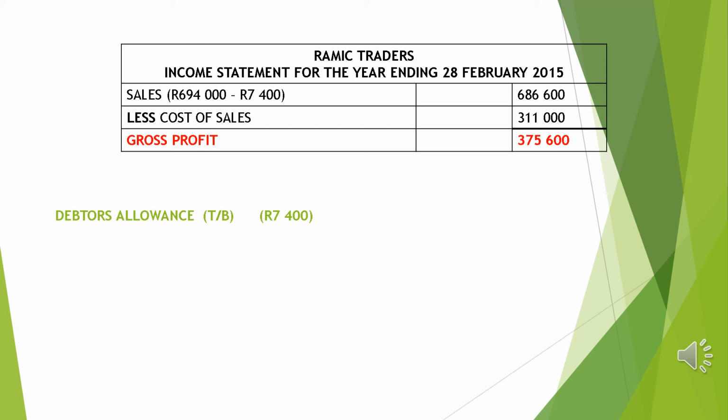But if we say minus 7,400 rand, we are acknowledging that there were goods returned by customers because they were not satisfied. So our sales amount needs to be recalculated to 686,600. That is the correct amount for your sales. Sales or revenue amounts to 686,600.